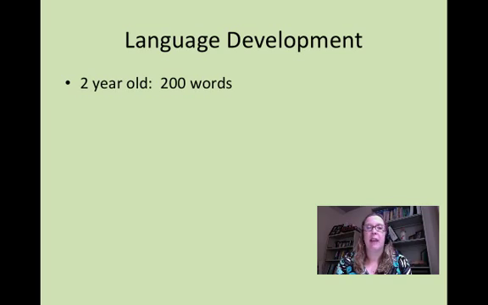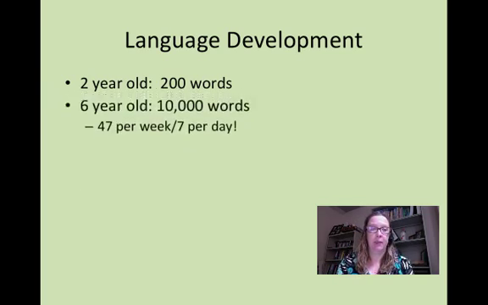Okay, that means they are learning a lot of words very, very quickly. By 6 years old, a child on average knows about 10,000 words. That's about 47 words per week, on average 7 words per day. And again, we know that the more parents talk to their children, the more language they use, the better and stronger the vocabulary the child has.